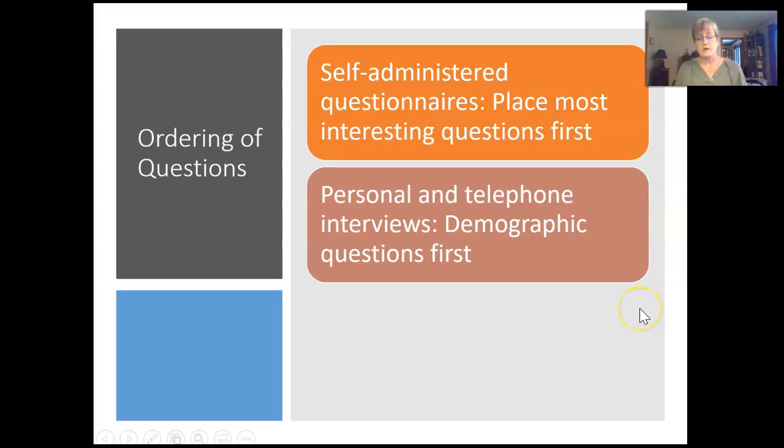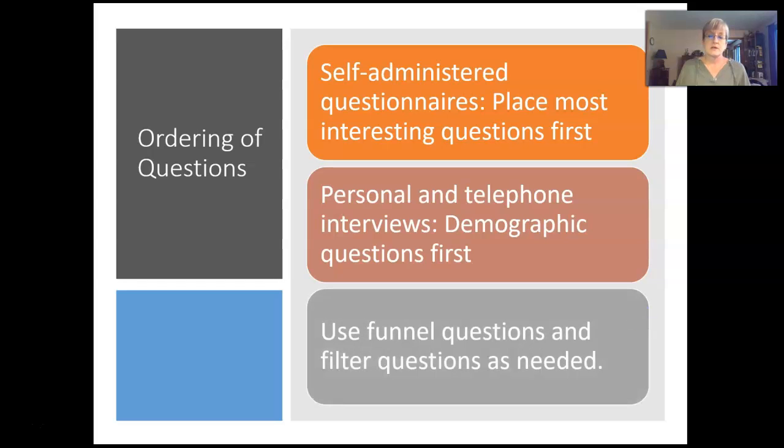But as a general recommendation, when you're doing interviews, both in person or on video or by telephone, demographics are typically asked first. Sometimes you might want to do branching and funneling and filtering questions when you need to.